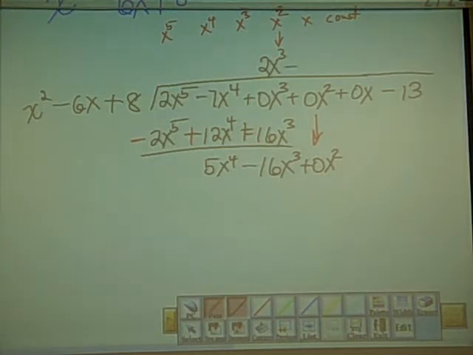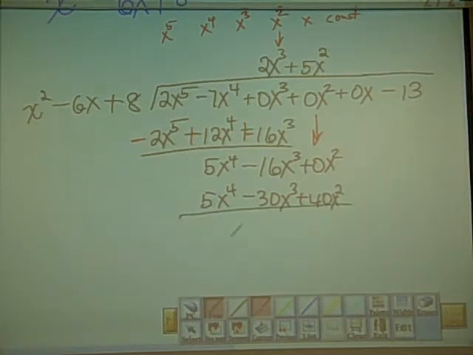That would be plus 5x squared, since 5x squared times x squared gives me 5x to the 4th. 5x squared times a negative 6 will be a minus 30x cubed. 5x squared times 8 will be a plus 40x squared.